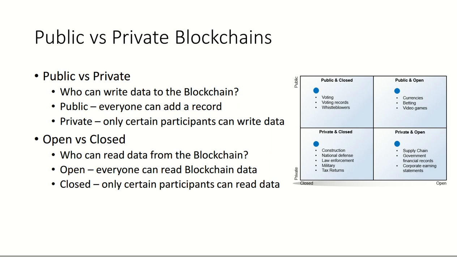In an open solution, very large audiences are able to read or consume that data. In a closed one, that audience is much smaller. So the proper use for the term public and private is always to talk about who can add data or create a new record on the ledger.